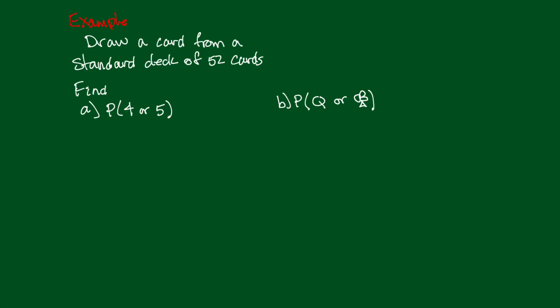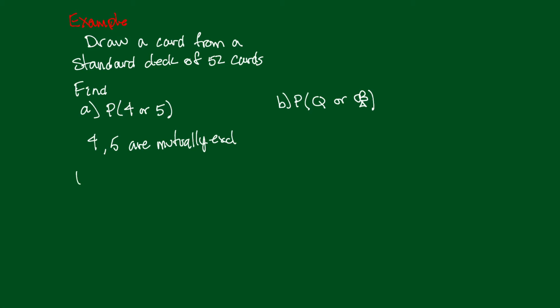Let's do an example. Suppose you draw a card from a standard deck of 52 cards, and first find the probability of getting a 4 or a 5. I'm going to claim that these events are mutually exclusive, because if you draw a 4, there's no way it can be a 5 at the same time.